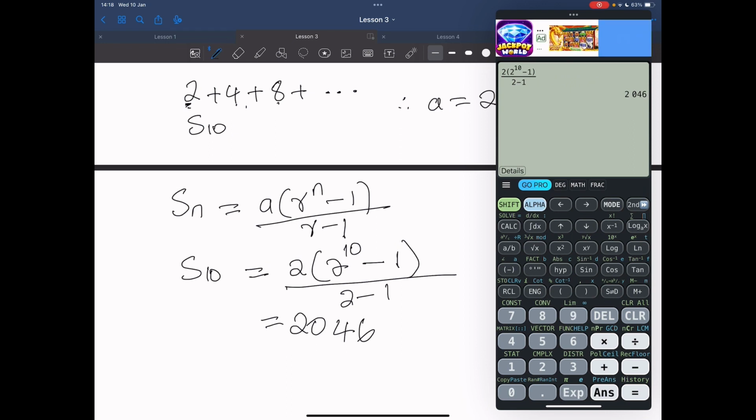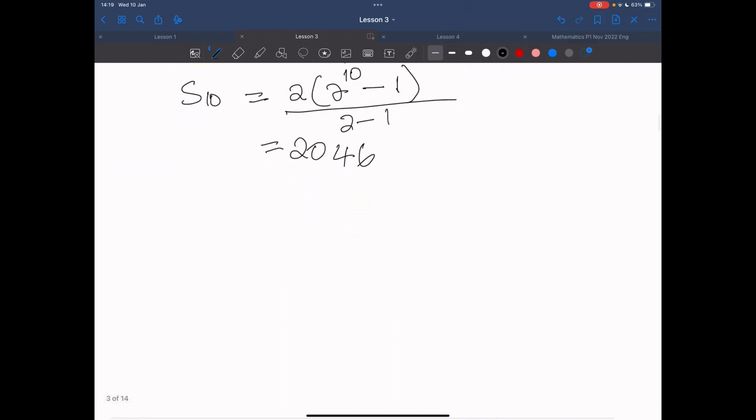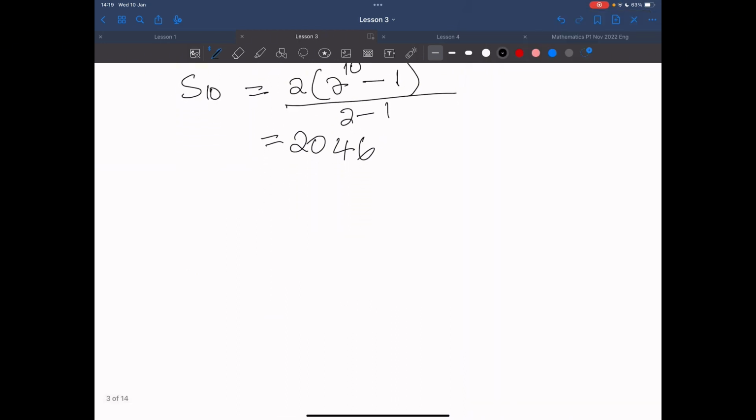As I said, you can even use the other formula there to get the same sum. So let us look at this other series. We are looking at the series 16 plus 8 plus 4 plus. I want us to discover something here.